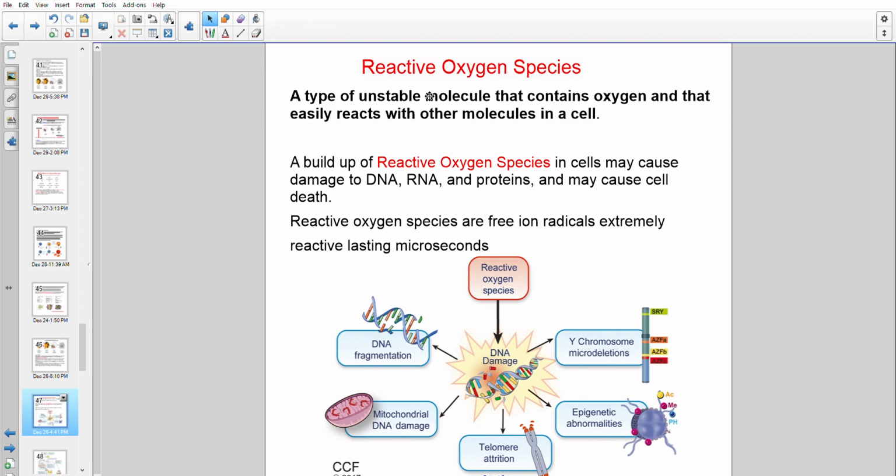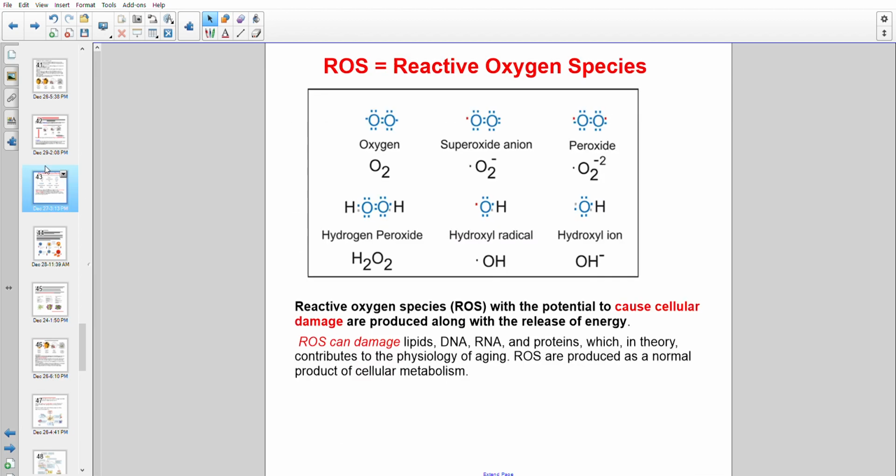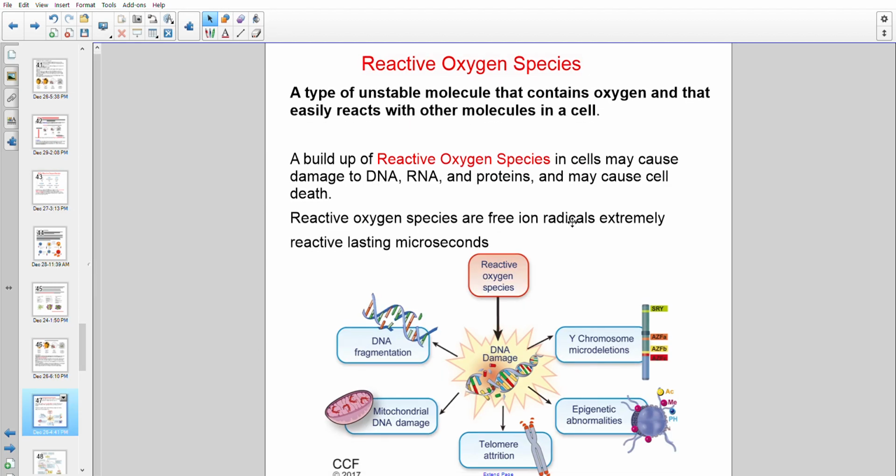It is a type of unstable molecule, unstable meaning it lasts millionths of a second, that contains oxygen and easily reacts with other molecules in the cell. Here we are, the reactive oxygen species, highly reactive. What it does is it cracks the DNA open, damaging proteins and fat too, and releases the DNA in the nucleus. Here is the breaking up there, and also the mitochondrial DNA.